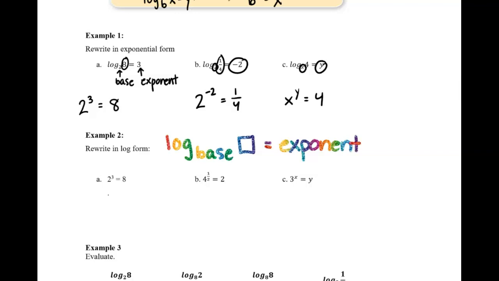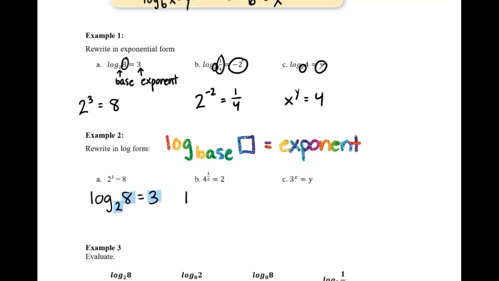So if we write 2 cubed equals 8, we'll do log, the base is 2, then we put our answer, which is 8, equals 3. And then I tend to look back and read it to myself and say, okay, if this is right, then 2 to the third power has to equal 8. And that's what we started with, so we're good.